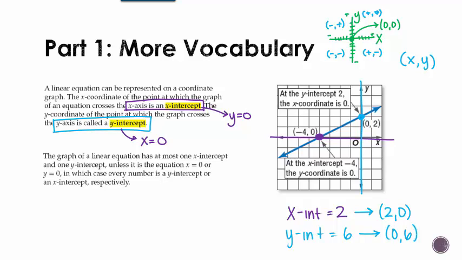The graph of a linear equation has at most one x-intercept and one y-intercept. If it's an equation that is this line, then it has all of these points. Or if it's an equation that's this line, then it has all of those points. But for the most part, you're going to have one x-intercept and one y-intercept.